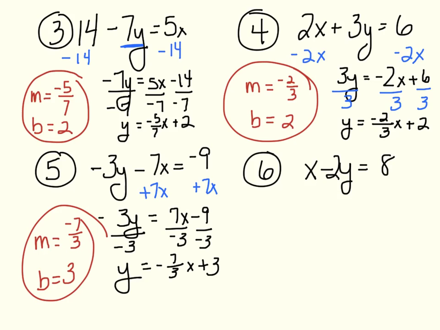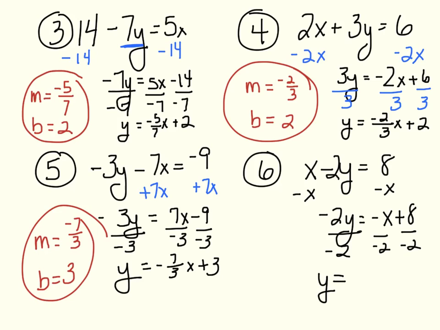Example number 6. Move the x. How do I move an x? I subtract x. That gives me negative 2y equals negative x plus 8. I have to divide everything by negative 2. This is where your math skills come into play. This should be easy, but if you are lacking on your basic math facts, this is going to be a problem.